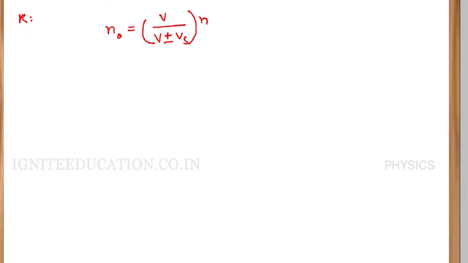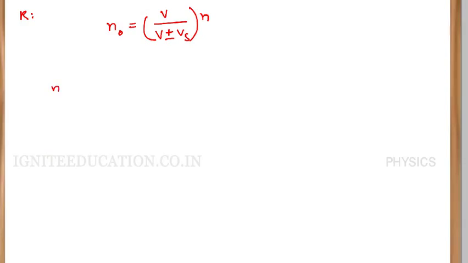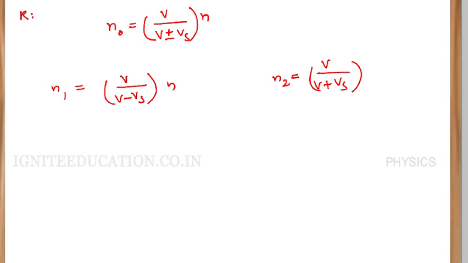I am considering two cases here. n1 is when the source is approaching the observer: n1 is equal to v by v minus vs into n. And n2 is equal to v by v plus vs into n.